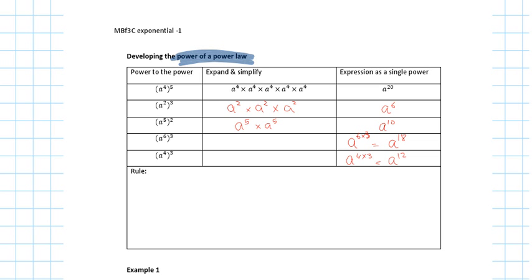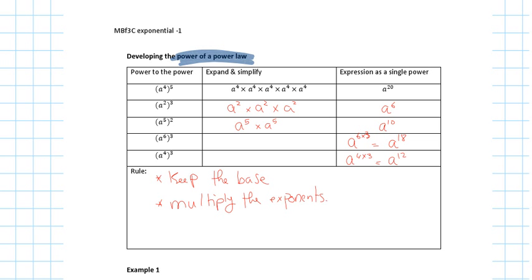So what does the rule say? Keep the base, multiply the exponents, and that's when you have a power to the power. Give me a base.